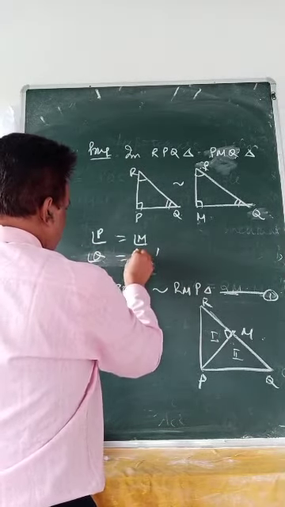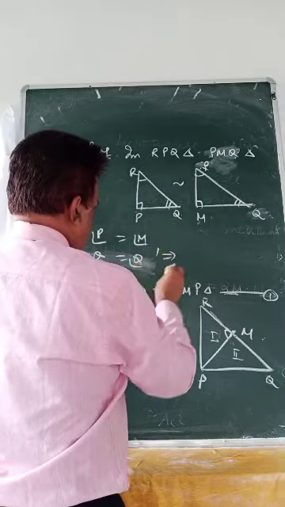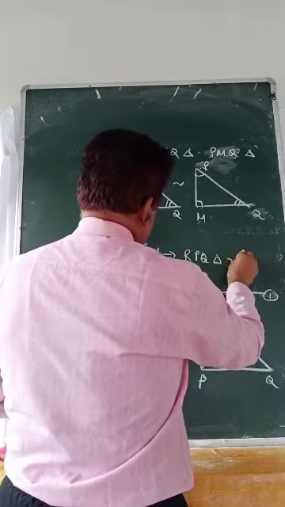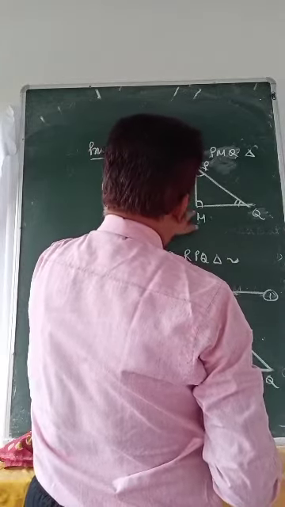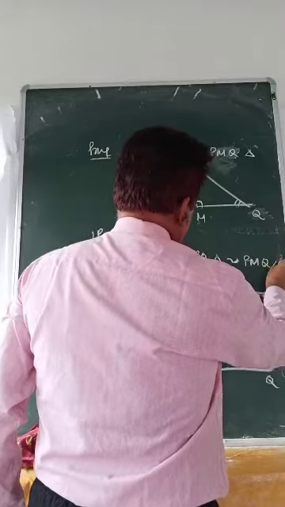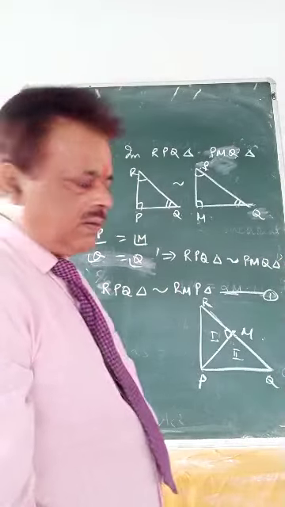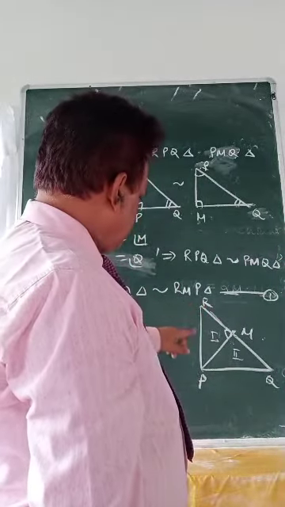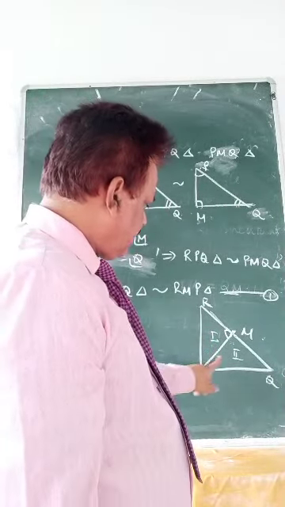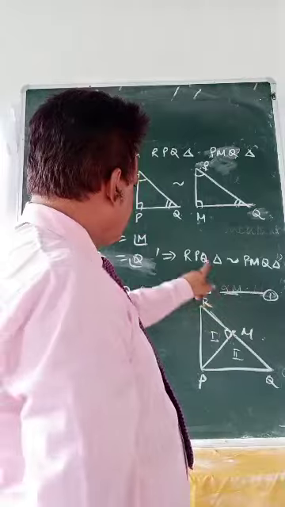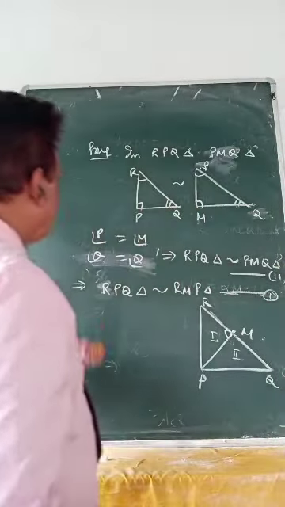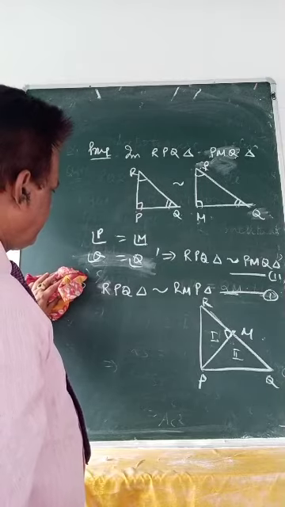This implies RPQ triangle is similar to PMQ triangle. Okay. So now the bigger one is similar to 1, the bigger one is similar to 2. If you compare 1 and 2, comparing 1 and 2, what will you get?